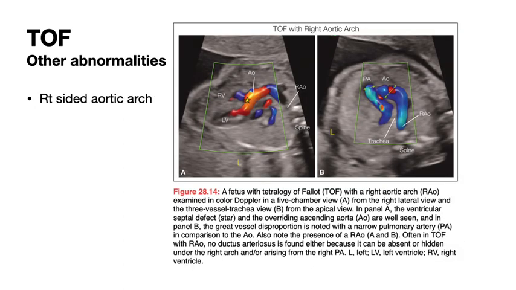Now, again, just to make everything confusing, very frequently these diagnoses are not isolated. So just because it has tetralogy of Fallot and you can remember the 4 things or the 3 fetal things, be prepared that there are often other abnormalities too. And one of the common ones is a right-sided aortic arch.